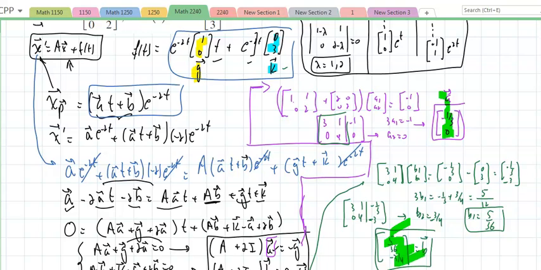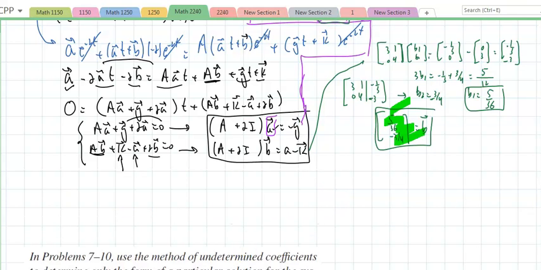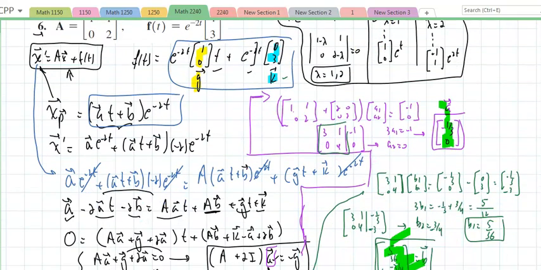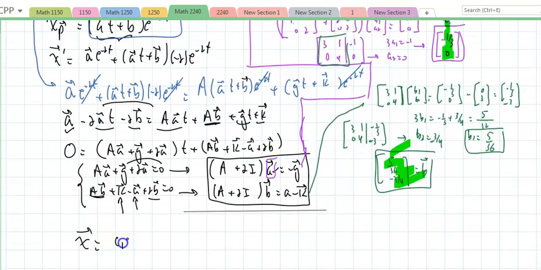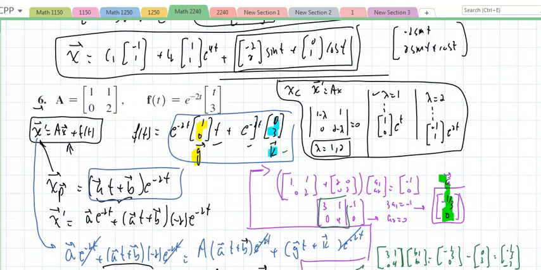What is my general solution? My general solution will be x equals, and the part that I kind of squished out, that is C1 times 1, 0 e to the t plus C2 times negative 1, 1 e to the 2t plus, and it's right there.